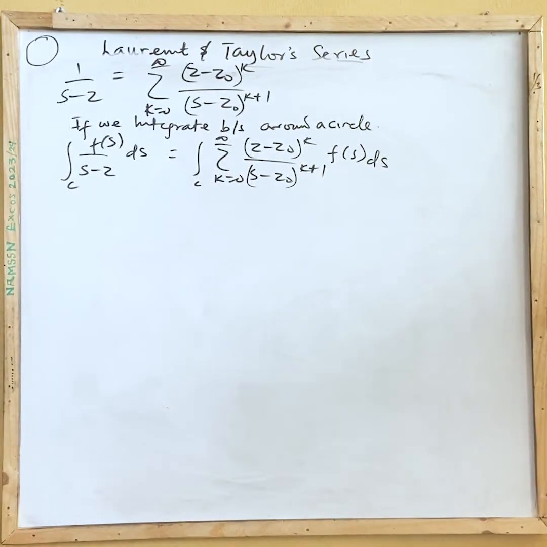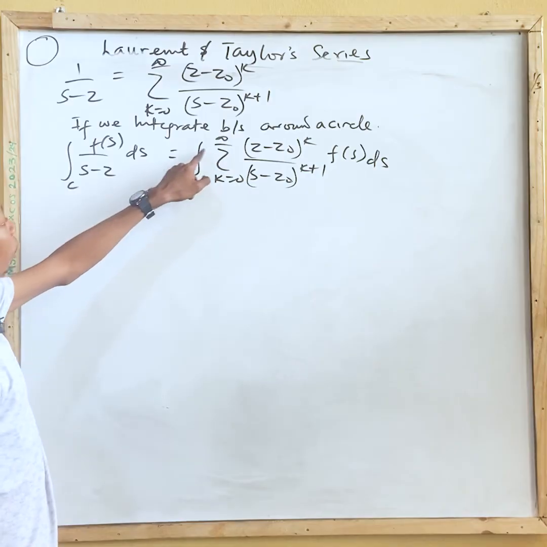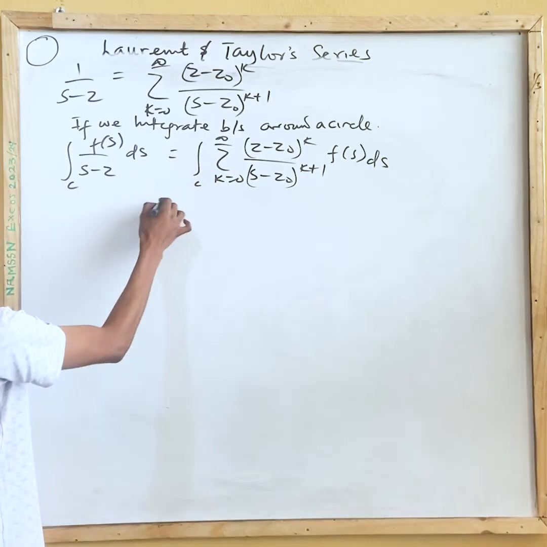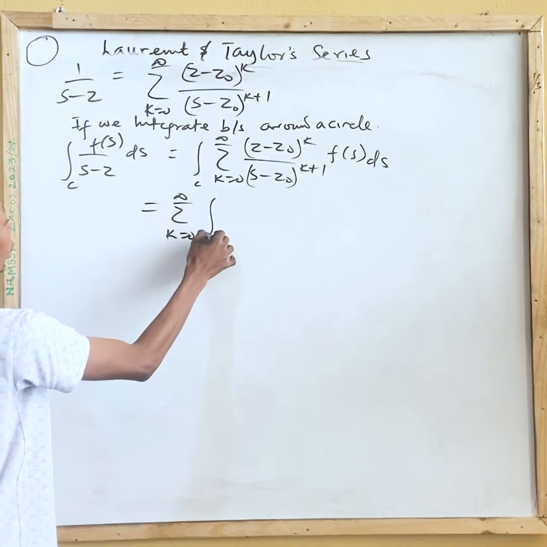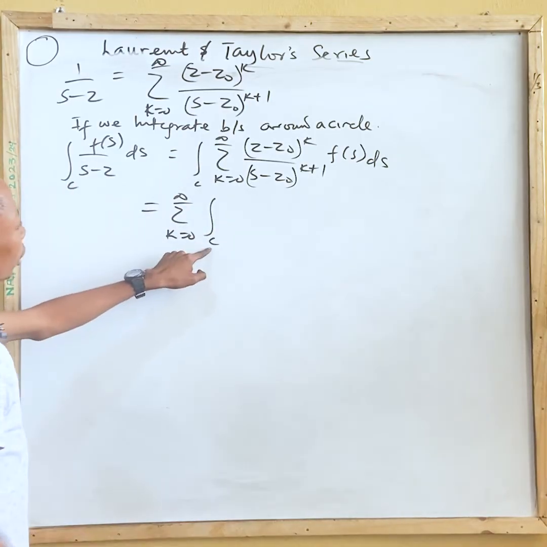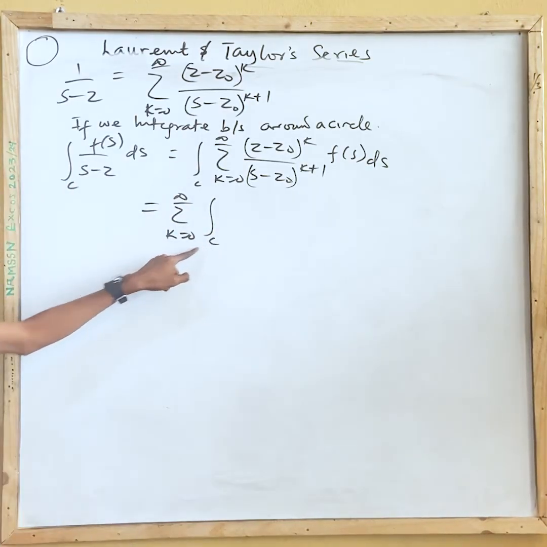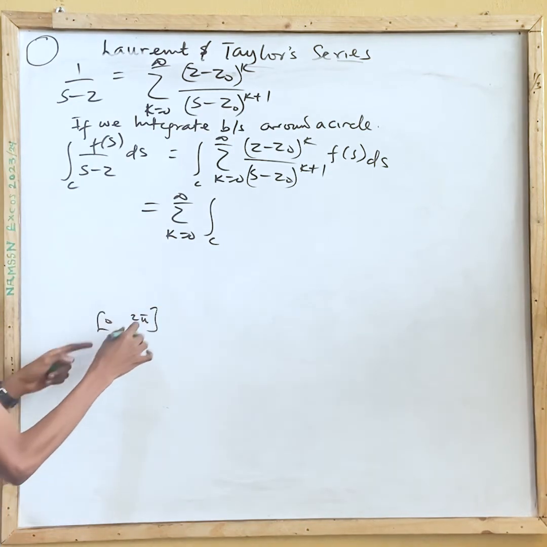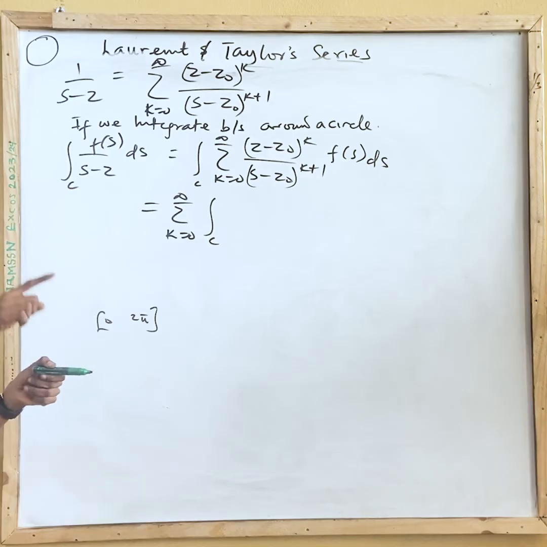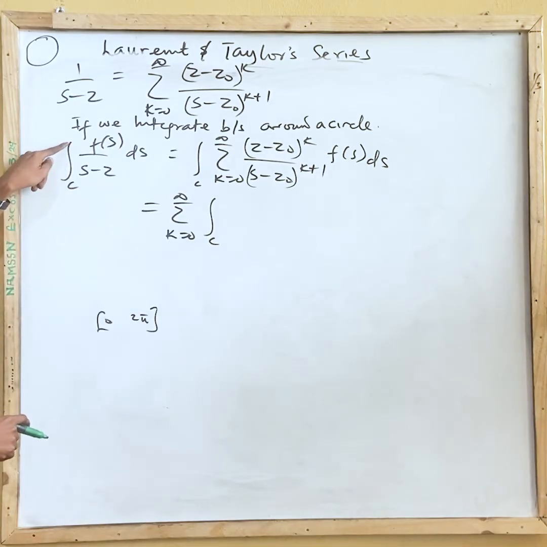So from here now, I can actually take this summation out. This will be the summation, k starts from 0 to infinity, of the integral around a closed disk. In some textbooks, they say they are integrating from 0 to 2 pi. If you are moving from 0 to 2 pi, it means that you are moving around a complete circle, the same thing as using this sign, integral over c.